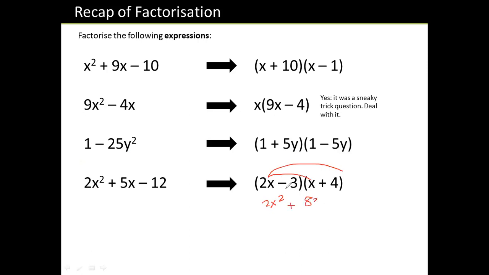And then negative 3 times x is negative 3x. And then negative 3 times 4 is negative 12. So therefore, you have now 2x squared plus 5x minus 12.